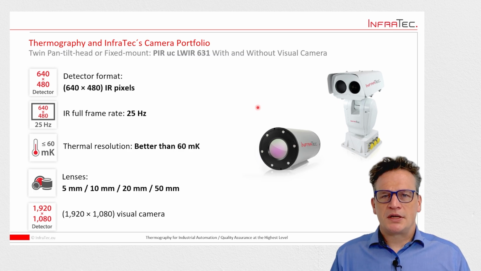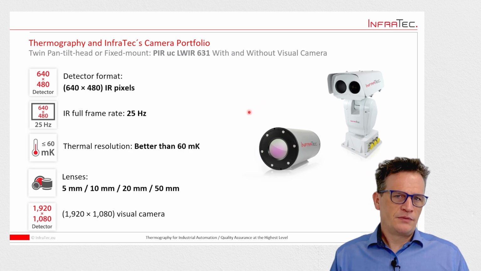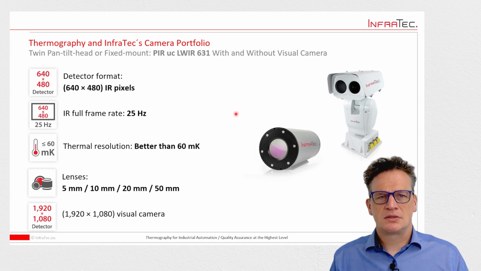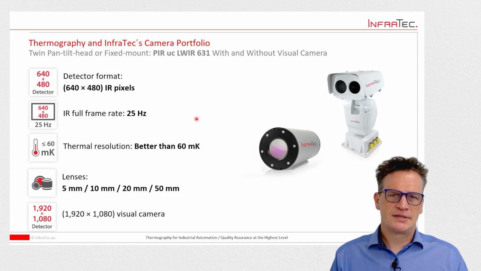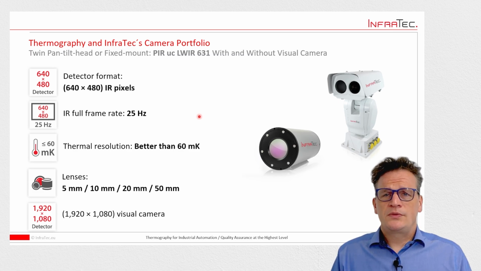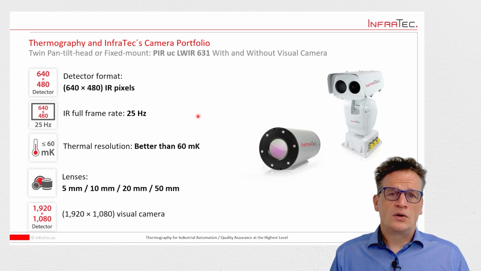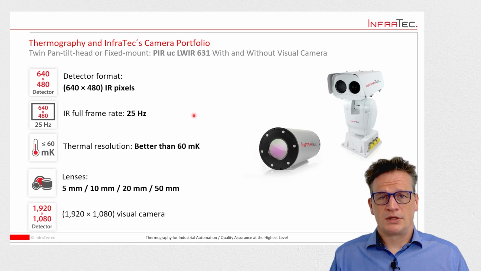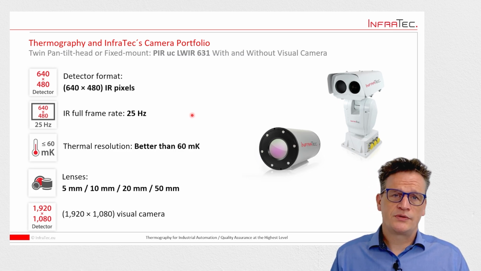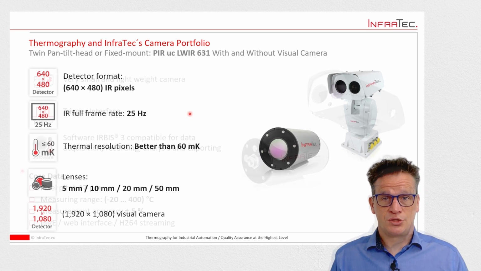Its infrared detector provides 640 by 480 infrared pixels and a wide range of different lenses offer great versatility. This system is especially used for outdoor monitoring and inspection applications, where both temperature and visual information are essential.